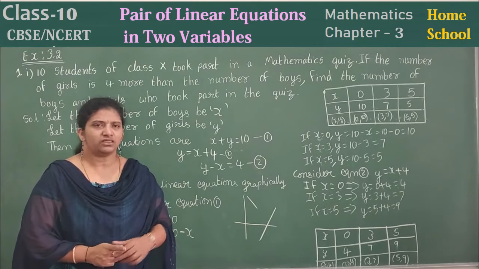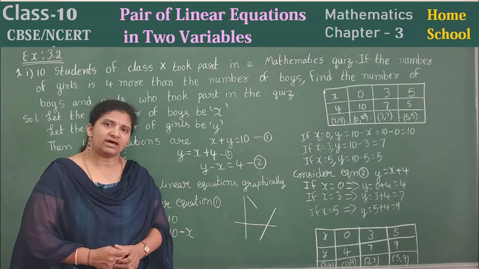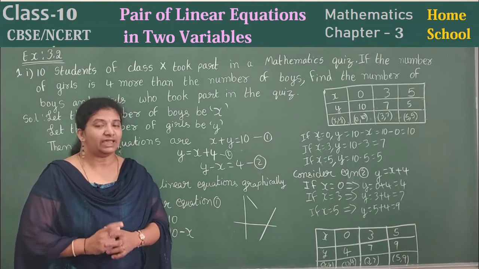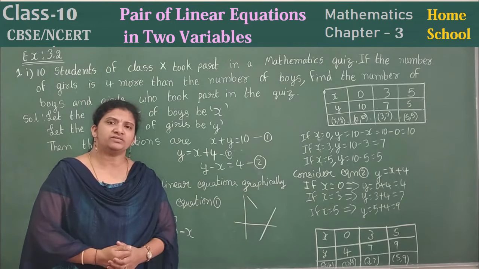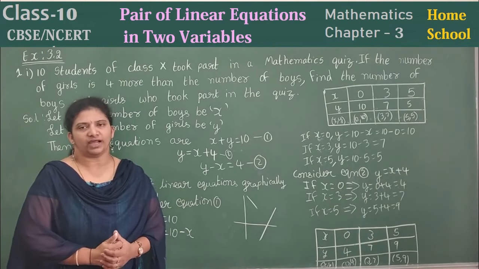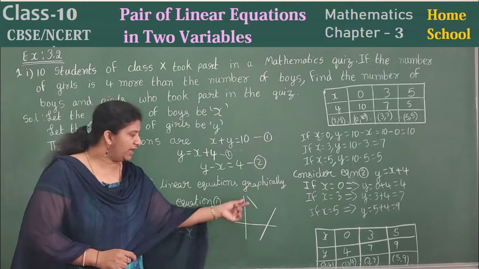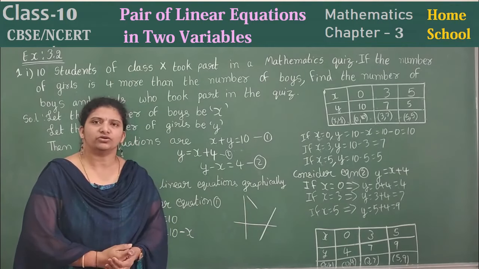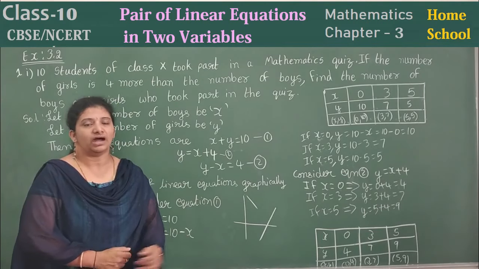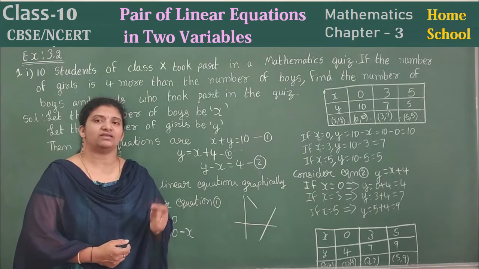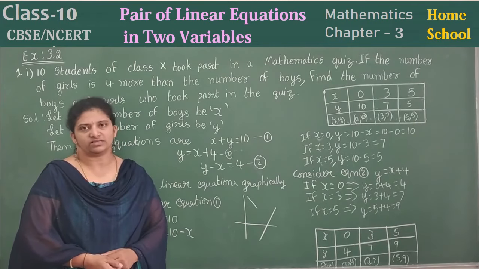That means the pair of two linear equations in two variables, what will be the answer? They will be intersecting. The two lines intersecting means they are going to meet at one point, right? So what is that point is your question. If you end up like this, there is no answer. You won't get full marks. Then how can you get your full marks? Until it intersects and you get your x value and y value, only then you get your answer.